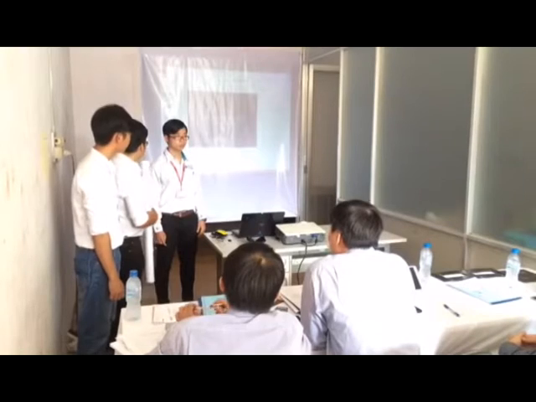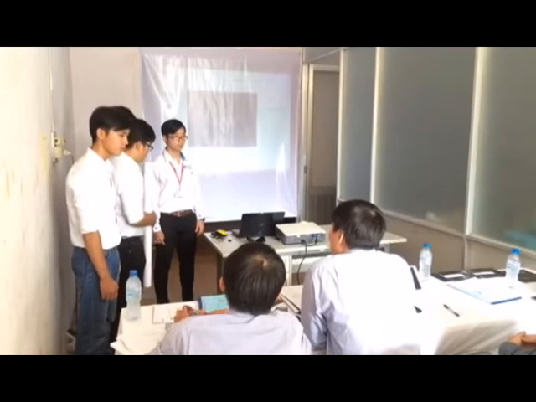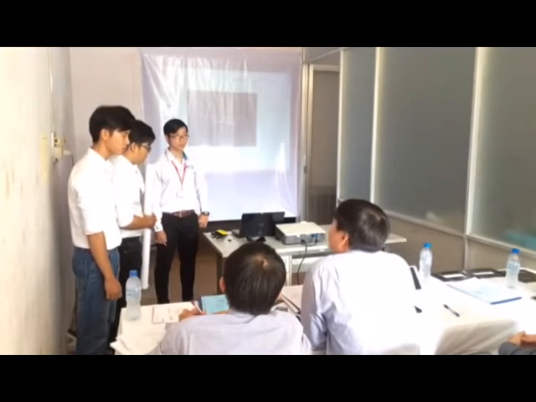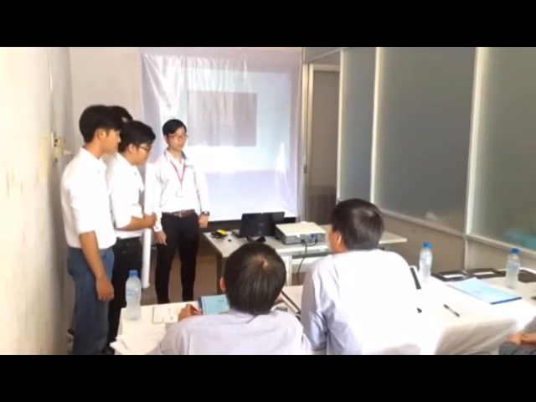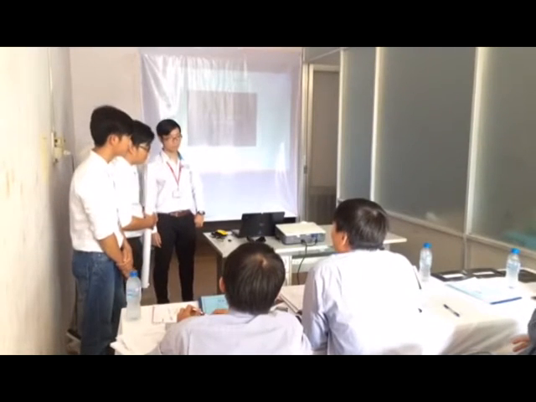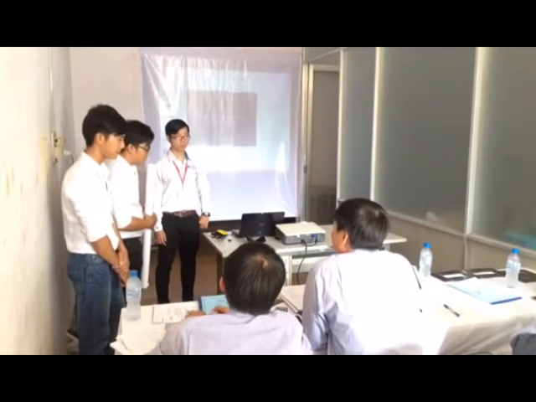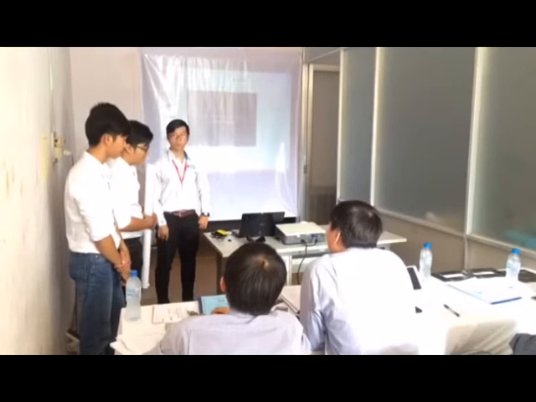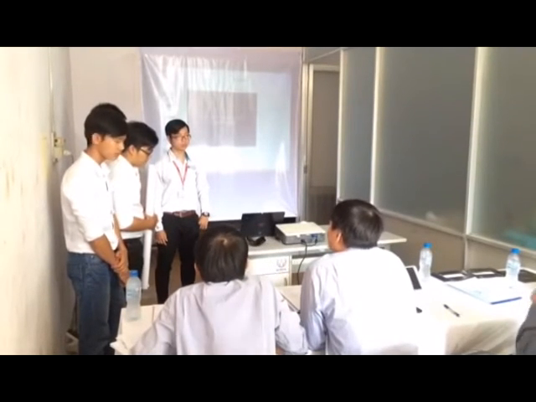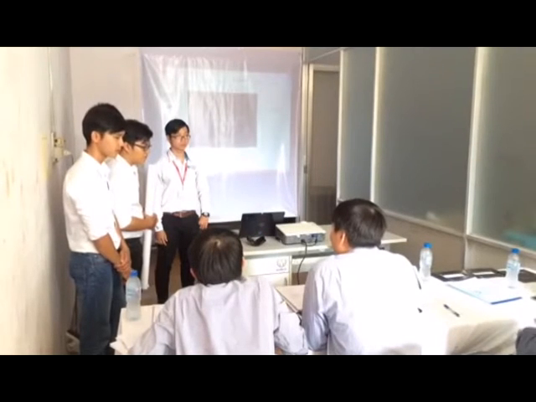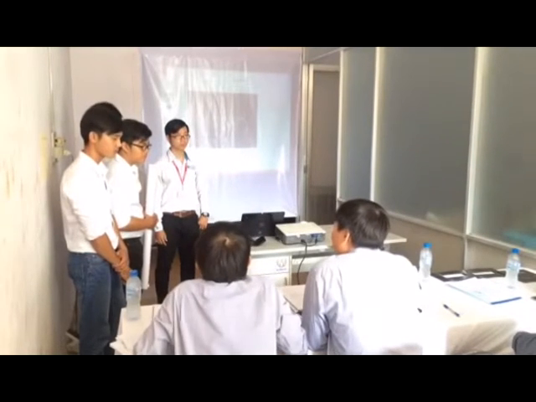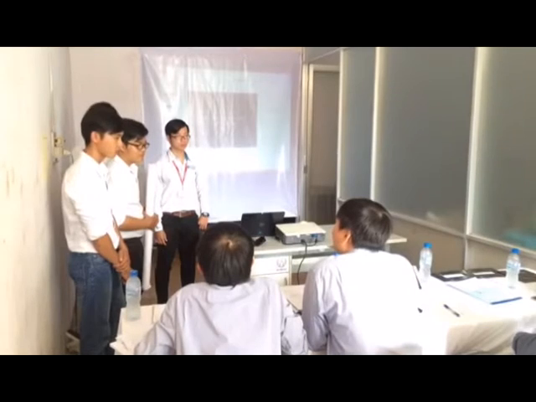If you don't know exactly the accuracy of your product, you have a big problem when you want to buy the CNC machine. You want to know exactly the accuracy. This is one parameter, one factor in the specification.